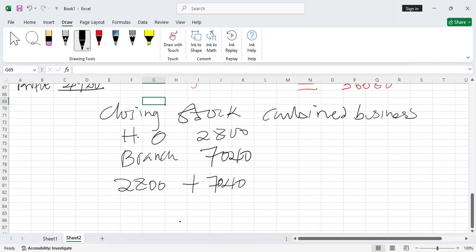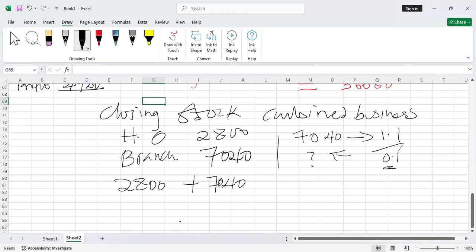But remember this 7040 is inclusive of what we call profit. Because they were selling plus 10%, so there is some unrealized profit. And we're going to get the unrealized profit as follows. 7040 is the same as 1.1, plus the 10%. So 0.1 equals what?